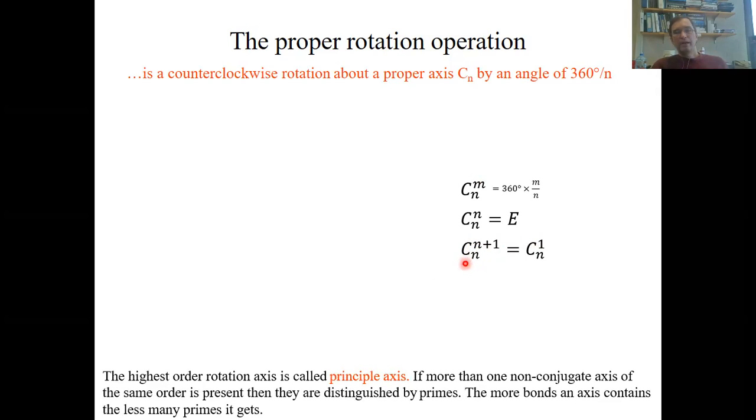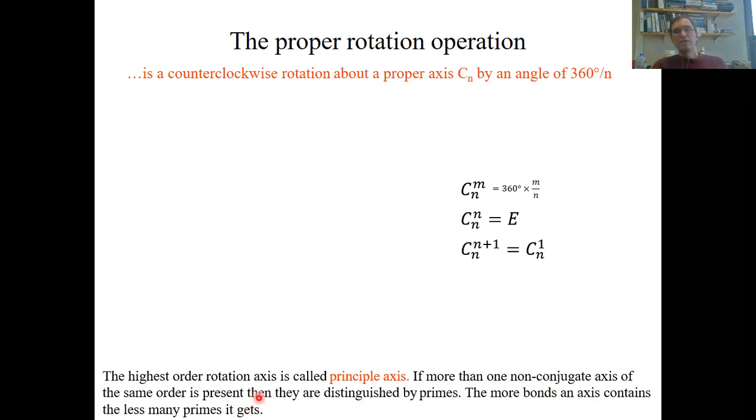Now the highest order rotational axis is called the principal axis. So an object can also contain more than just one axis. If more than one non-conjugate axes of the same order are present, then they are distinguished by primes. The more bonds an axis contains, the fewer primes it gets.